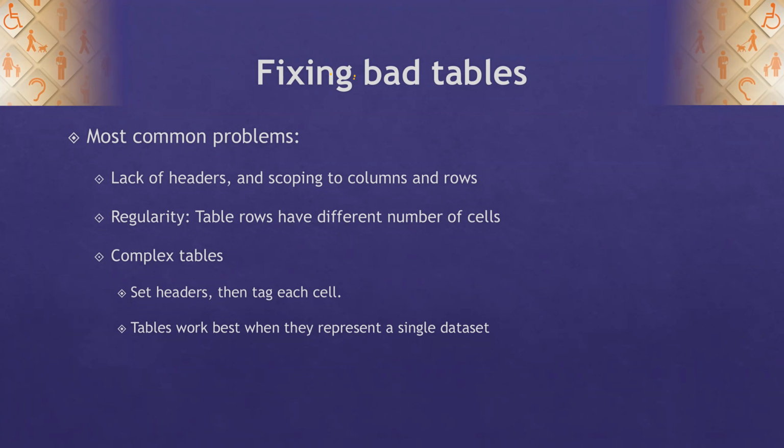And if you can't get the content creator to make a more accessible PDF, a simpler table, then we have to go in and do some things manually. Tables always work best when they represent a single idea or a single data set. When you start mixing too many ideas, it just gets complicated and it's hard to read.